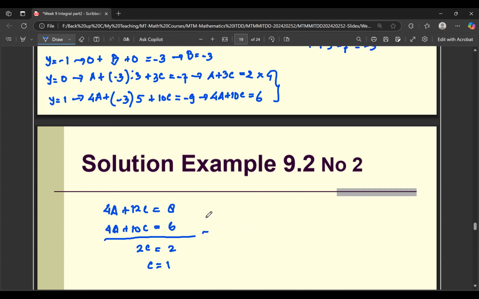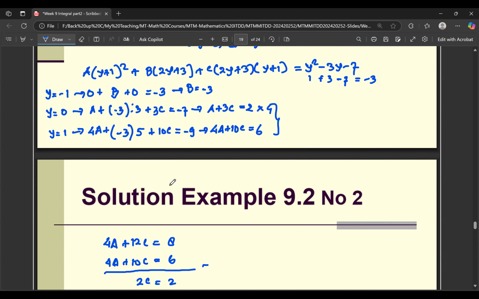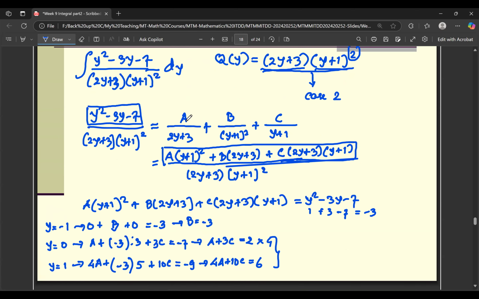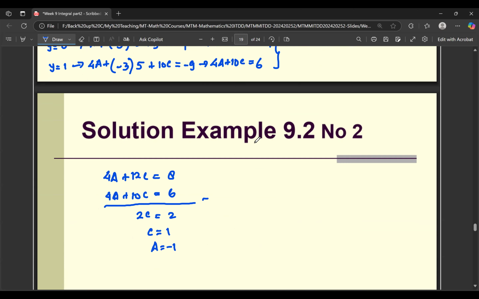So A plus 3C. Okay, so replace C by 1 here. We have minus 4 and A will be minus 1. Okay, we replace A by minus 1, B by minus 3, and C by 1.